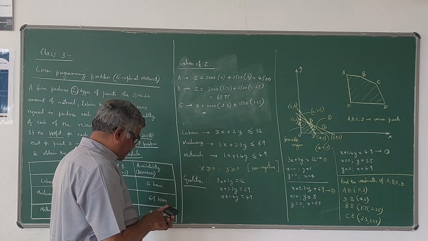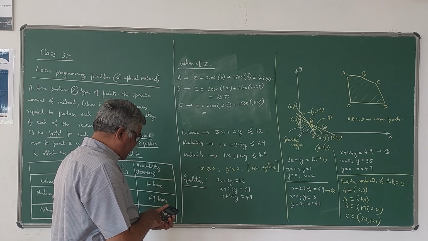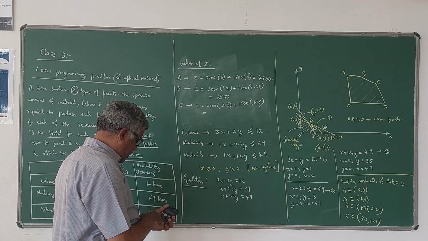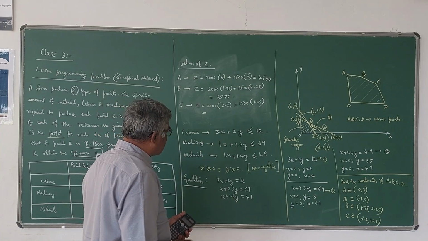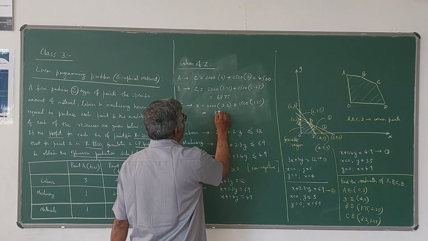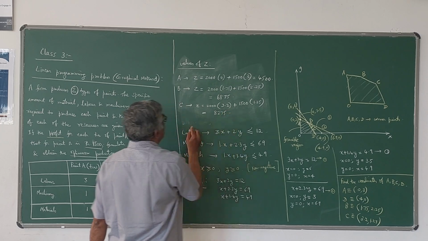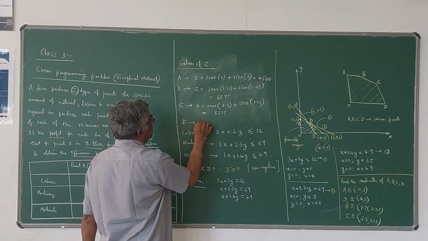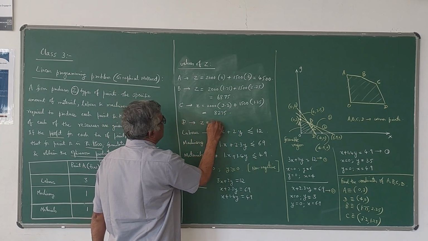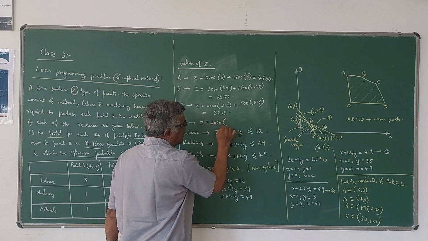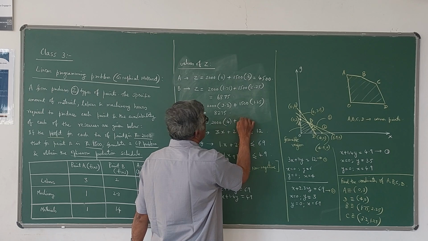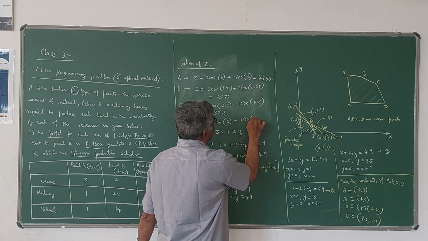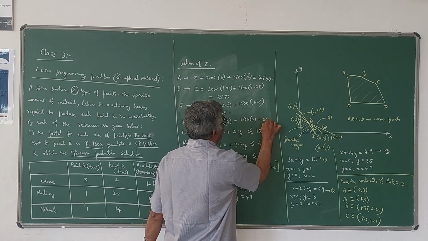If you simplify this, it comes to 8275. And lastly, at D, Z is equal to 2000 into 4 plus 1500 into 0, which comes out to be 8000.